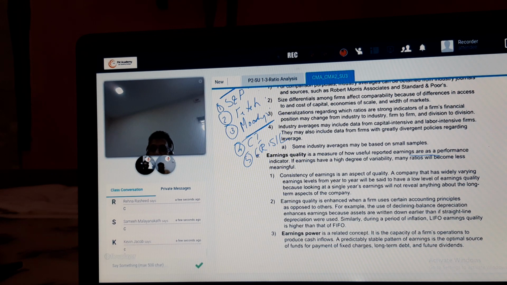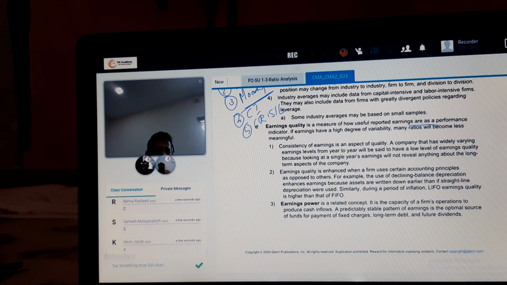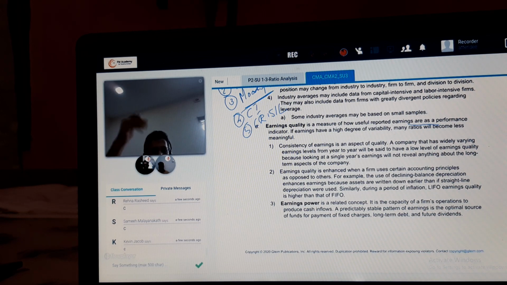And then, when you are taking the earnings before interest and taxation, some of the companies may have a different proportion of debt in their capital structure. So if you take the earnings before interest and taxation and compare it with the capital employed, the total assets invested in the business, then it will have more consistency, right?